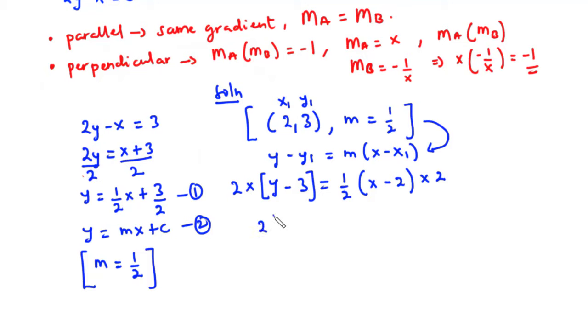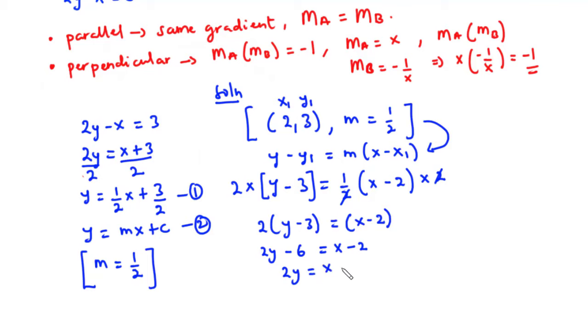So we have 2 times (y minus 3) equals, 2 cancels out 2, so we have x minus 2. Now let's multiply across. So we have 2y minus 2 times 3, which is 6, equals x minus 2. Now we have 2y, and then we transpose negative 6 to the right hand side.